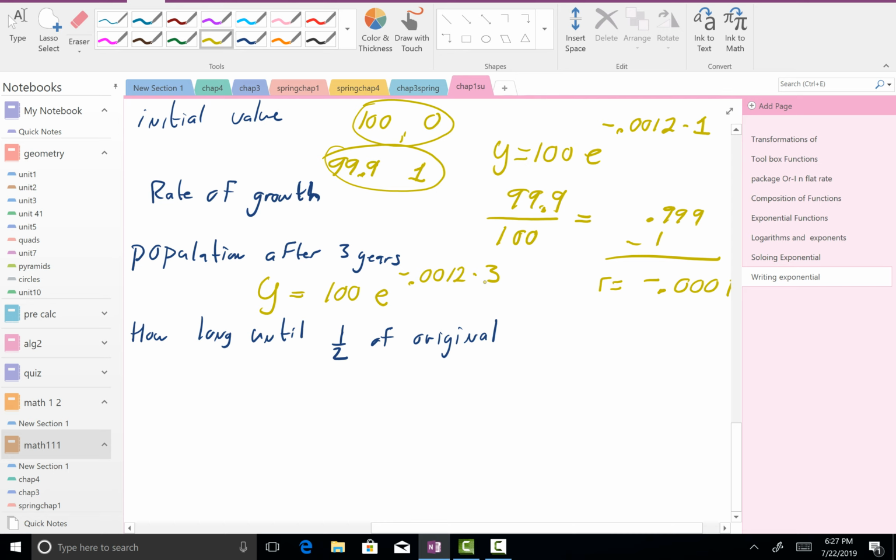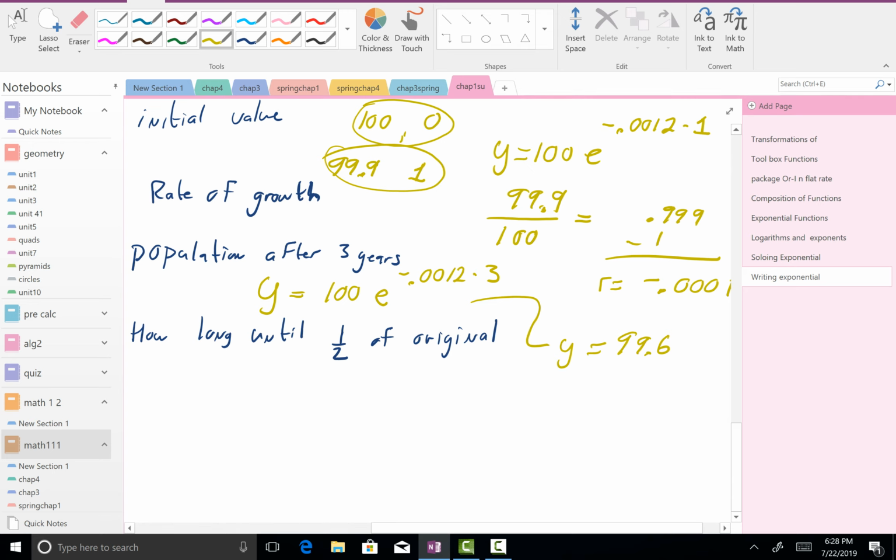Figure out how much we have after 3 years. It's not going to be a whole lot different than what we had after 1 year because it's not decaying by very much. Okay, what do we get? .6. Again, wouldn't expect it to be a whole lot different.